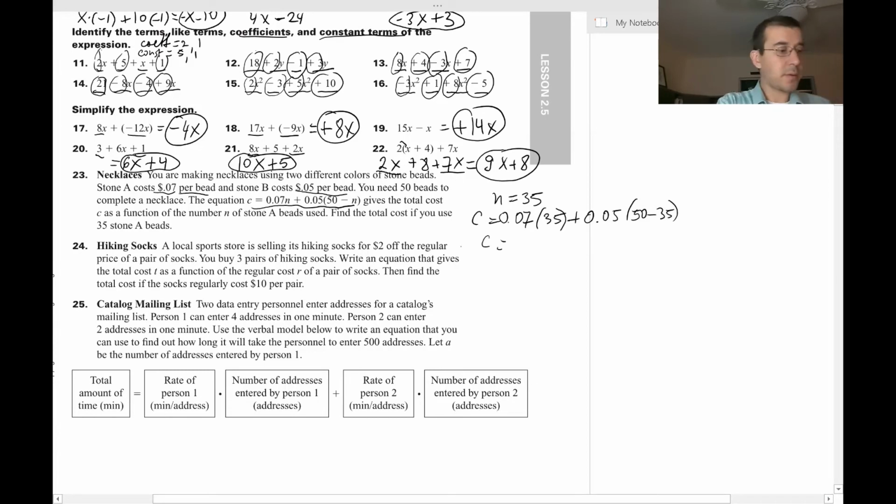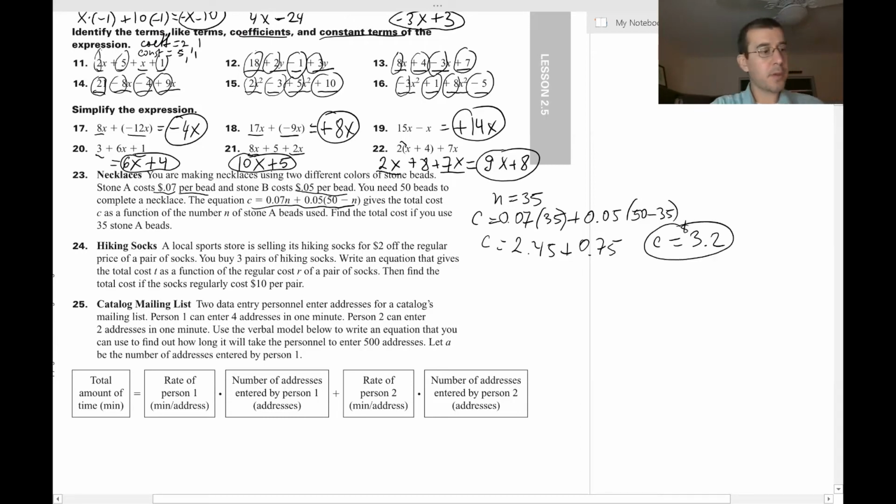So C equals, and then let's use the calculator for this one. 0.07 times 35, that's 2.45, and then plus 0.05 times 50 minus 35 is 15, that's 0.75. So the total cost is $3.20.